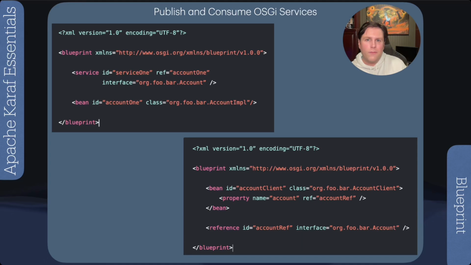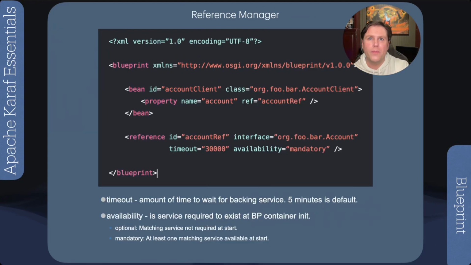It gets a reference from the JVM saying, I want something that implements the account. At runtime it gets wired in, and then the bean can take that reference to the account service and wire it together. That way we can have two different bundles, one being the service provider and one being the consumer, and they're able to be joined together without doing that in the bundle activators.